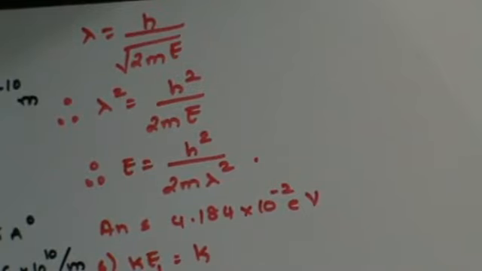What will be the wavelength of the particle if the kinetic energy is K by 4?